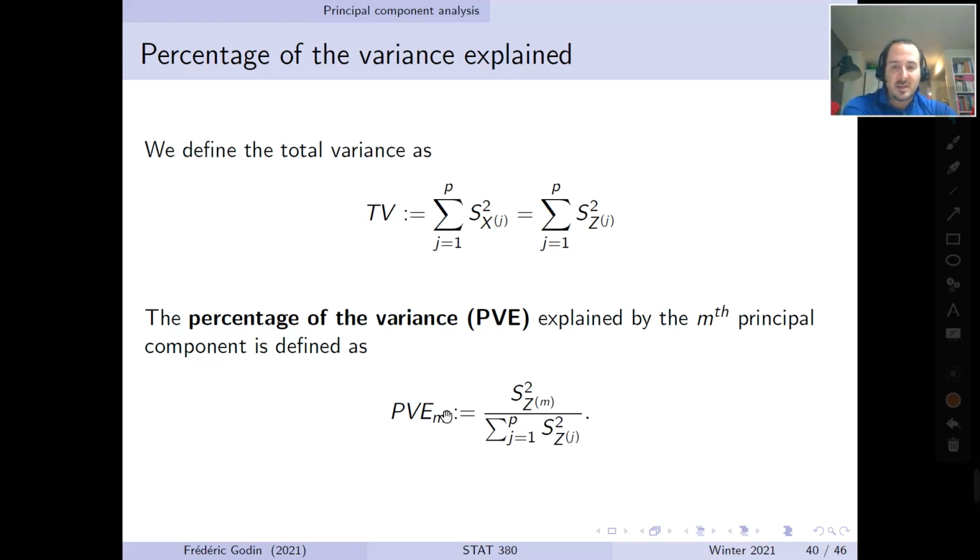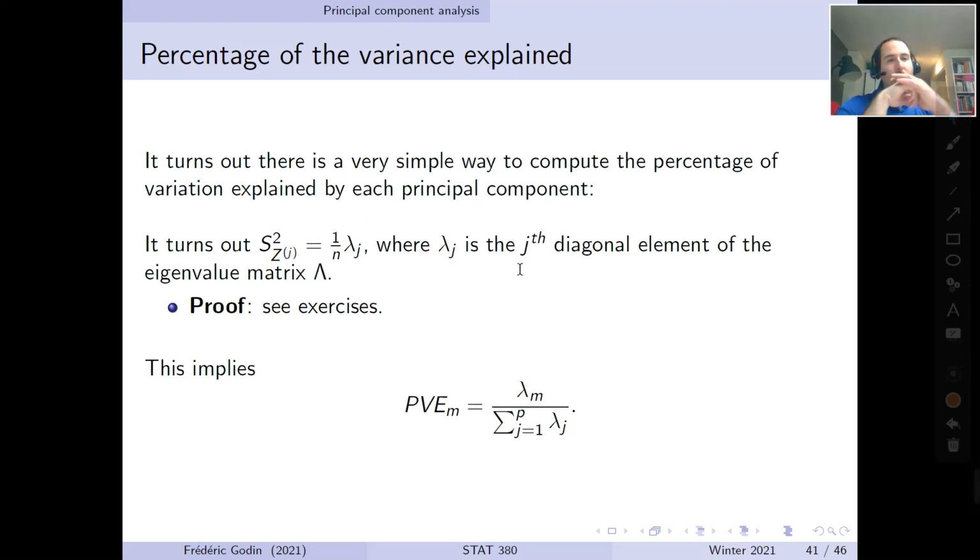So basically it's easy to see that if we sum these across m, from m equals 1 to p, then these should sum to 1, and of course each of these sample variances must be greater than 0, so these percentages of variance explained are values between 0 and 1 which must sum to 1.